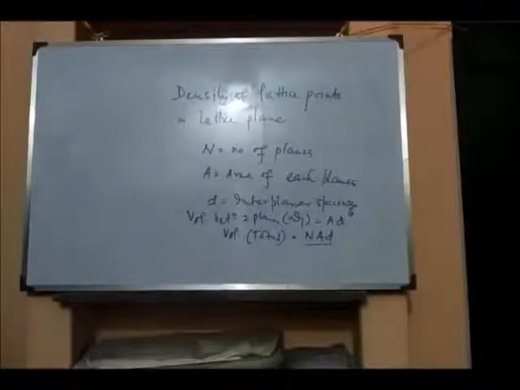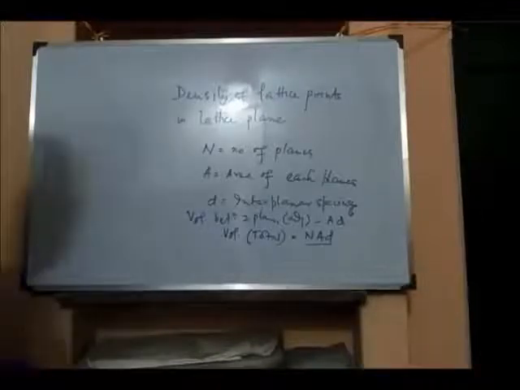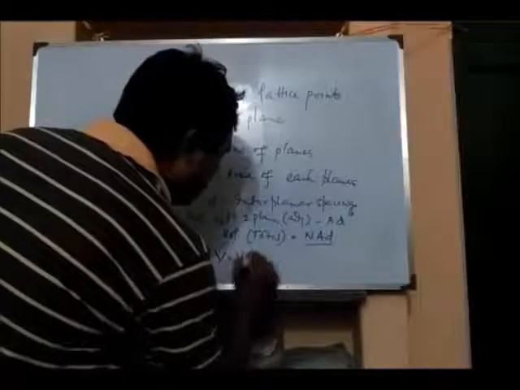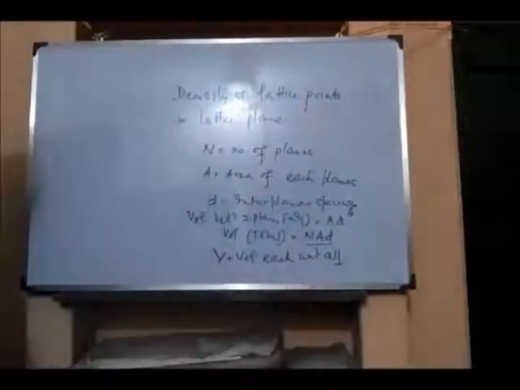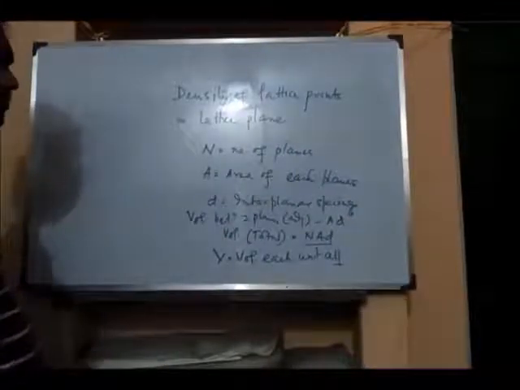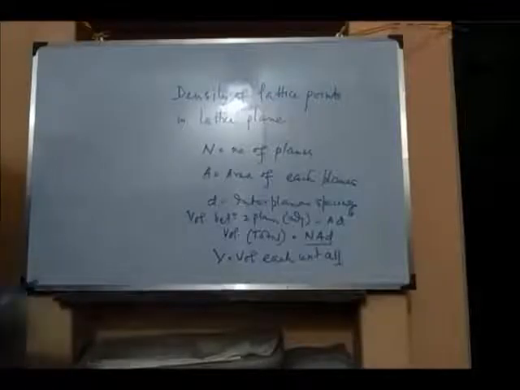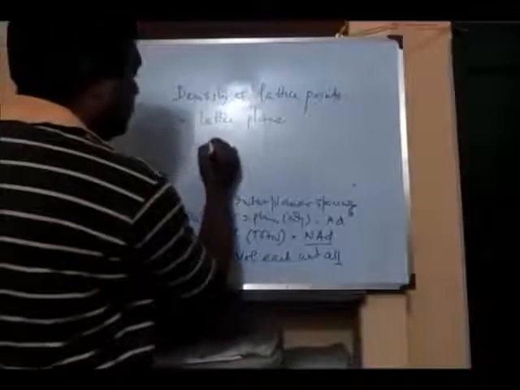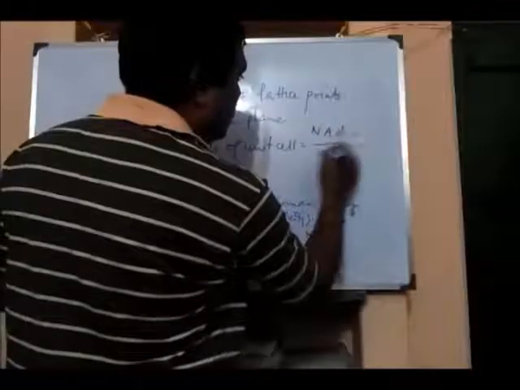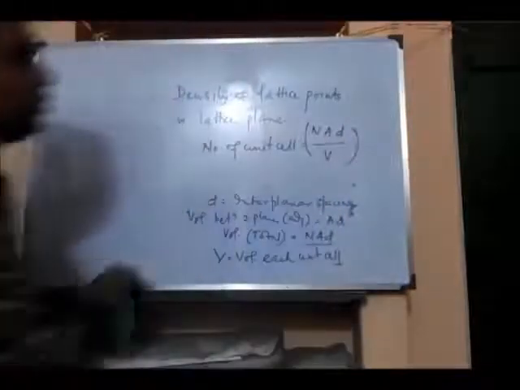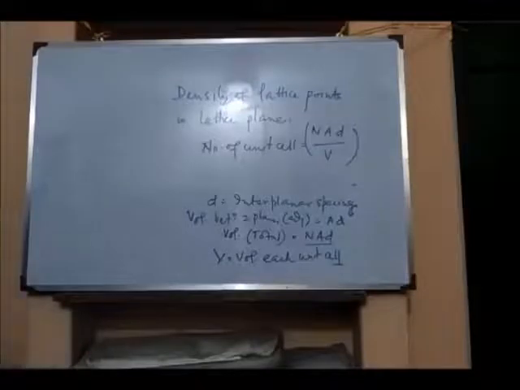Now, if capital V is the volume of each unit cell, then the number of unit cells is equal to NAD divided by V. So this is the total number of unit cells in the lattice space, right?